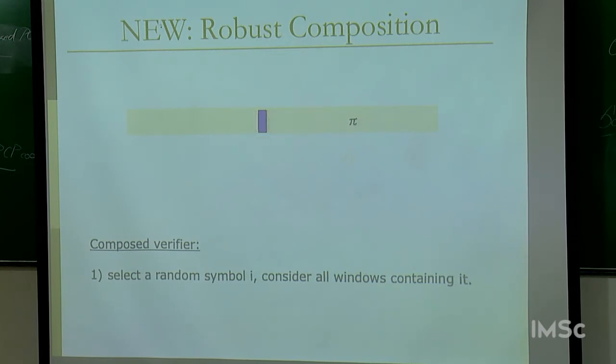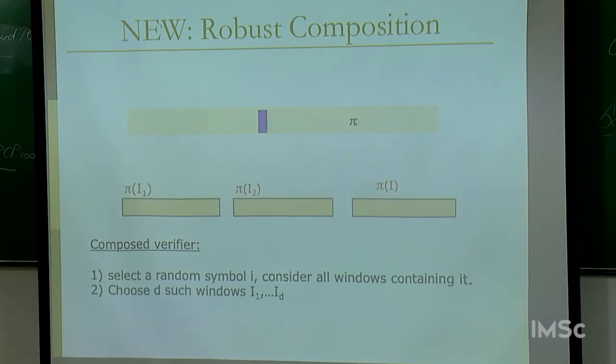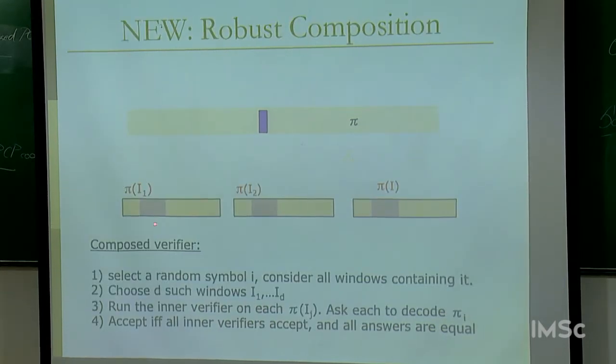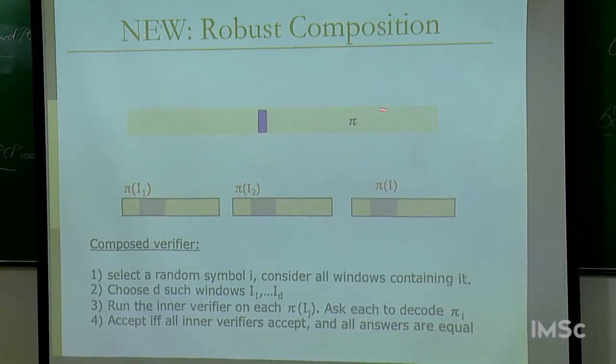This location participates in several outer windows, and for each of these outer windows there was a corresponding inner proof. Let's look at all of the inner proofs and expect them to decode this outer symbol, because they correspond to windows which contain it. They will all, in principle, decode this. Then, instead of checking them against this one outer proof location, check them against each other.